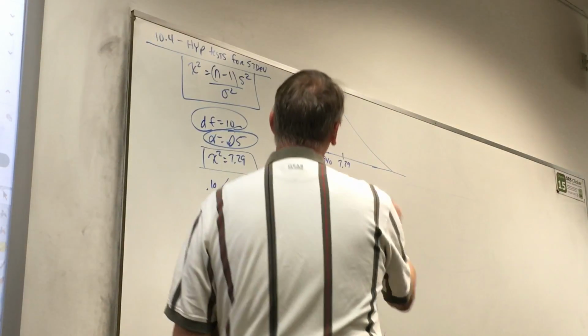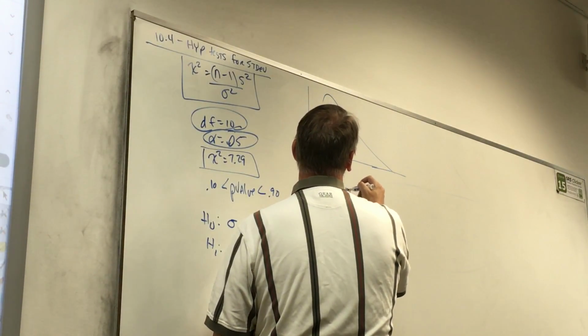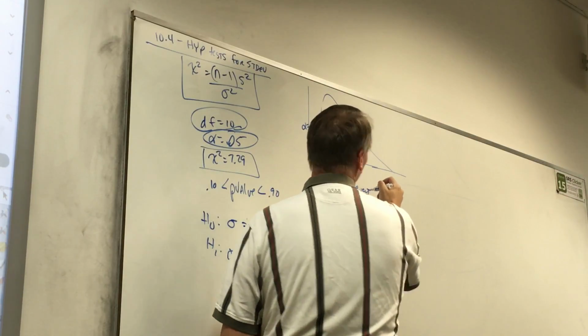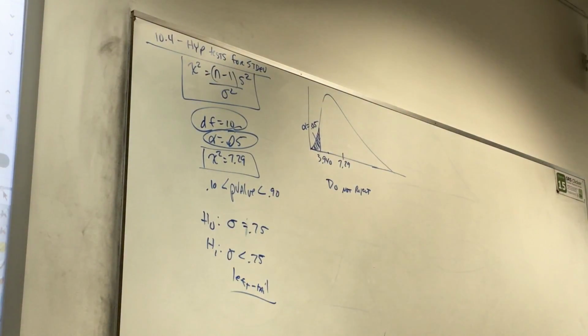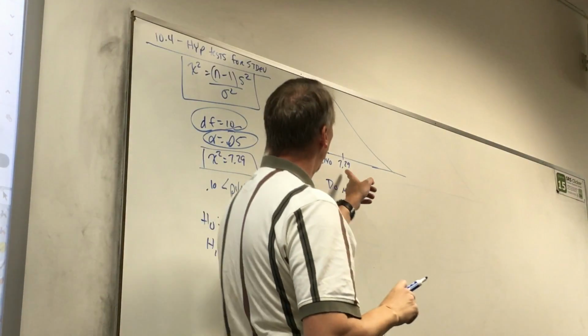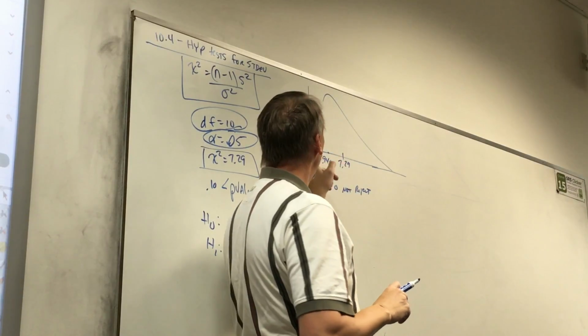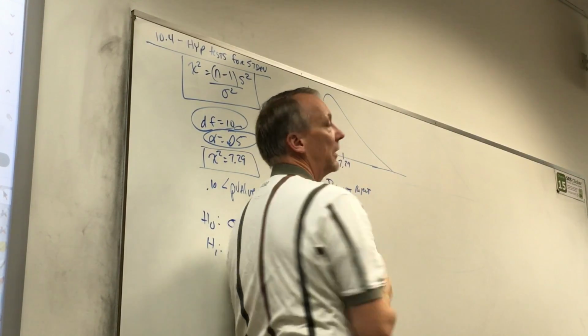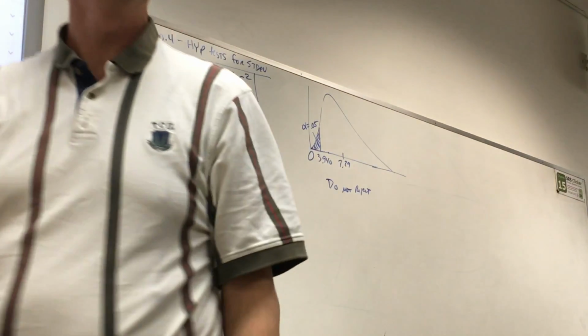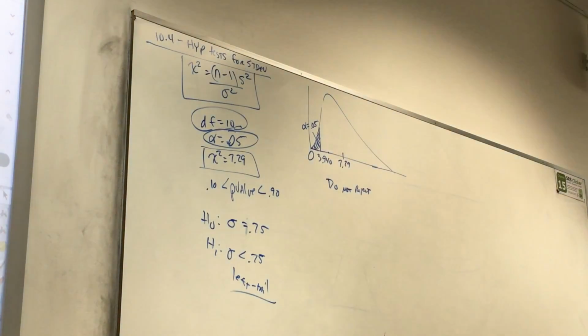So still do not reject. Now I had somebody ask me, why did you draw it over there? Why didn't you draw it over here? What value should be right here at the end? 0. And the chi-square is always positive. If you get a negative value, you did something wrong. Okay? So do not reject.